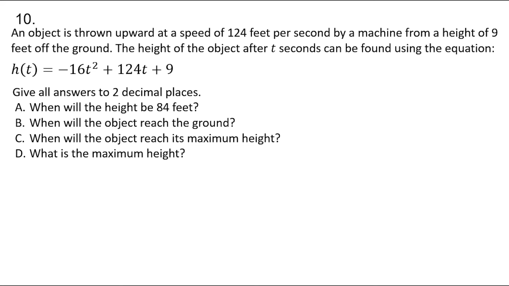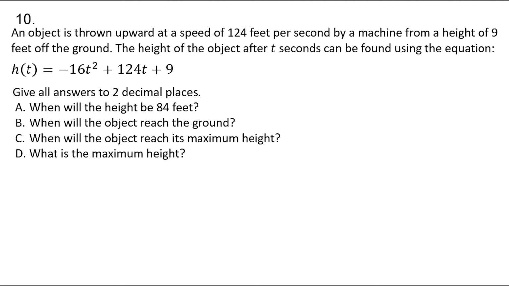So, just to give you a visual of what this looks like, notice that this equation that they give us is a quadratic function. It has a degree of 2. But look at this leading coefficient here. It has a negative sign, which means it's a quadratic that will open downward.